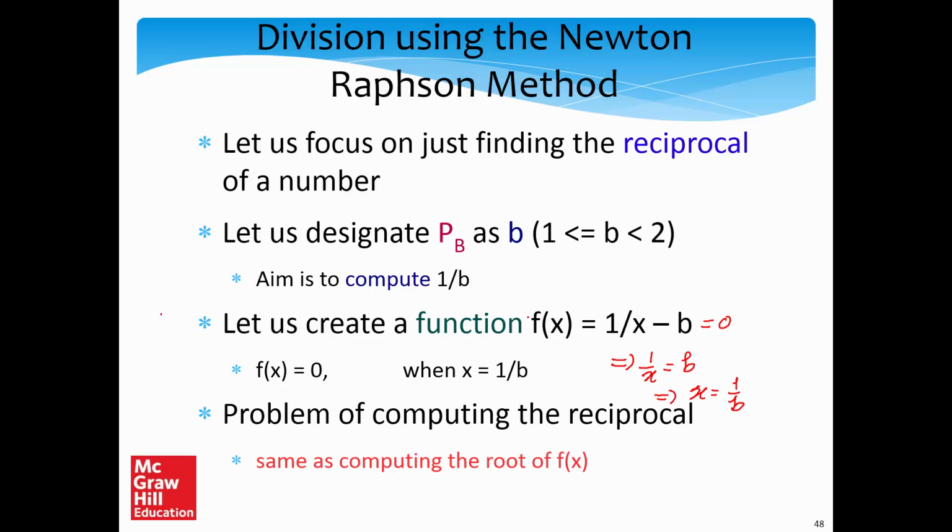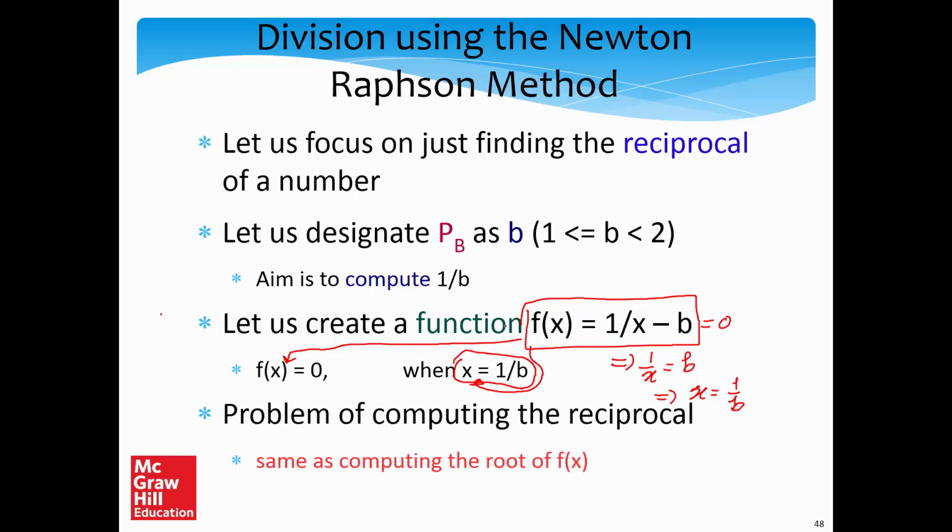So we have created a function of this type. So the problem of computing the reciprocal of b is the same as computing the root of f(x). So the root of f(x) is where f(x) becomes 0. And where does f(x) become 0? Well, f(x) becomes 0 when x is equal to 1 by b. See, if I can take this equation and find the point where it becomes 0, then essentially I'll find that point where x is equal to 1 by b, and that is the reciprocal which we want to compute.